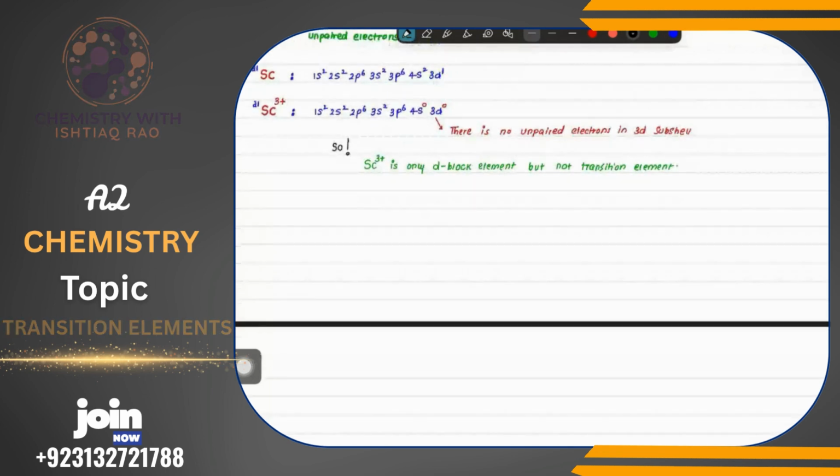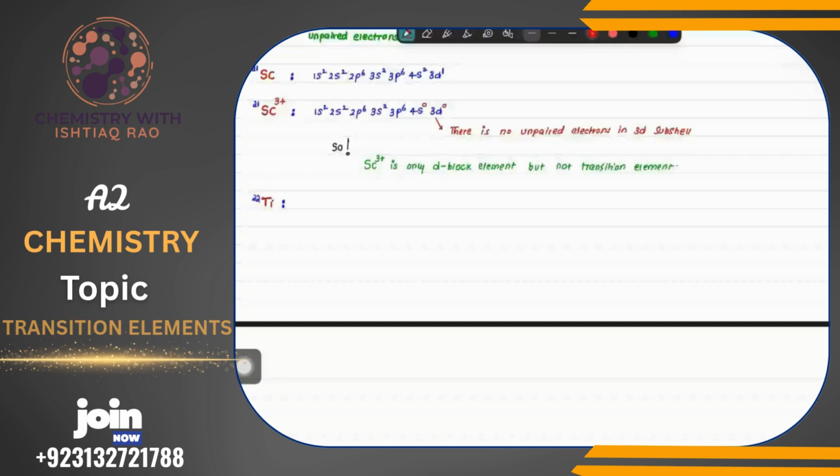After scandium, then we have titanium. Titanium's proton number is 22. And let me tell you one thing, that's the reason all the compounds of scandium would be white in color. It's very interesting.